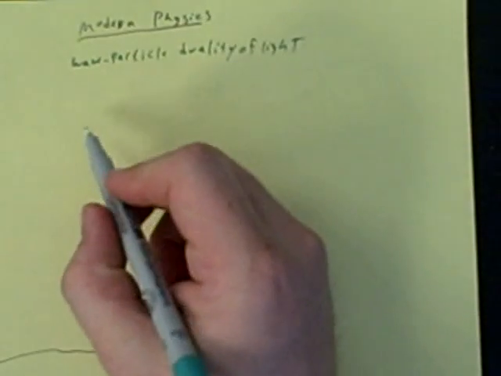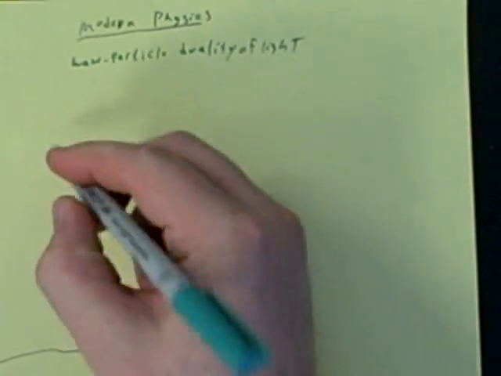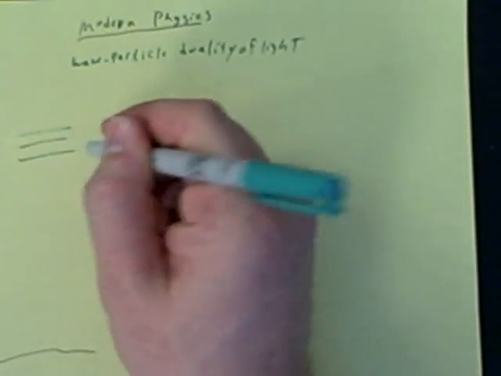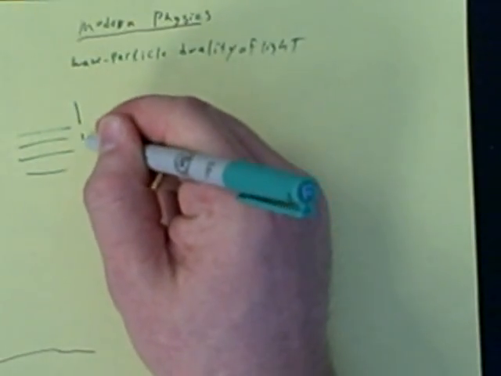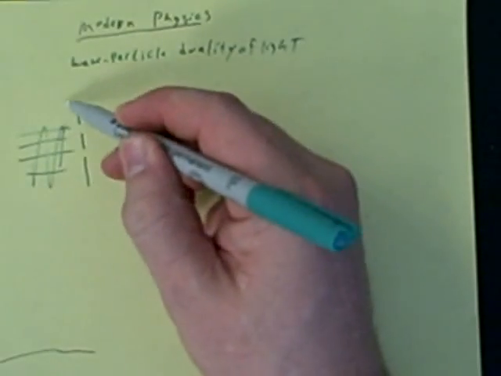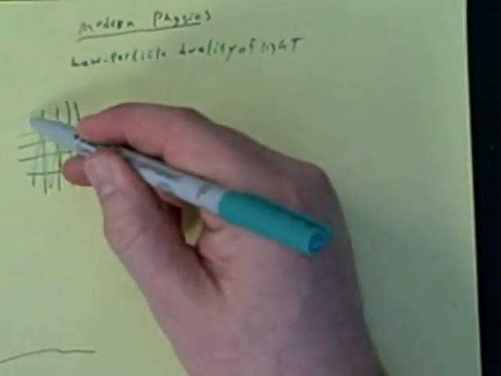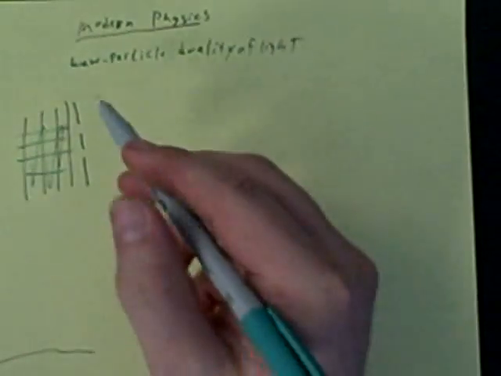One of the big things that we saw was when you passed light through a double slit. So if you had light coming in, like so, through a boundary. I actually got this backwards. Light should be coming in like this through a boundary. So plane waves.